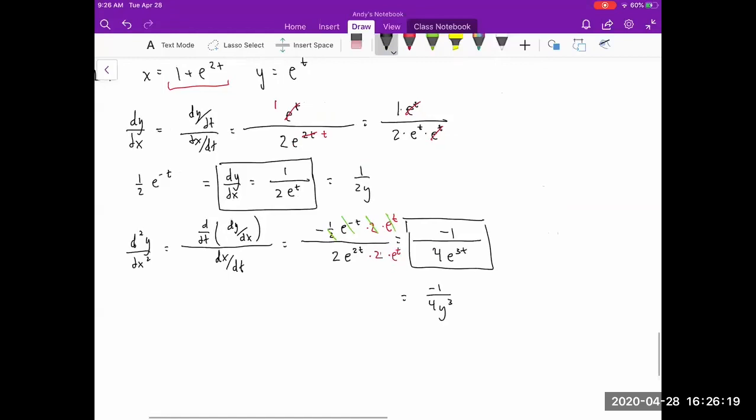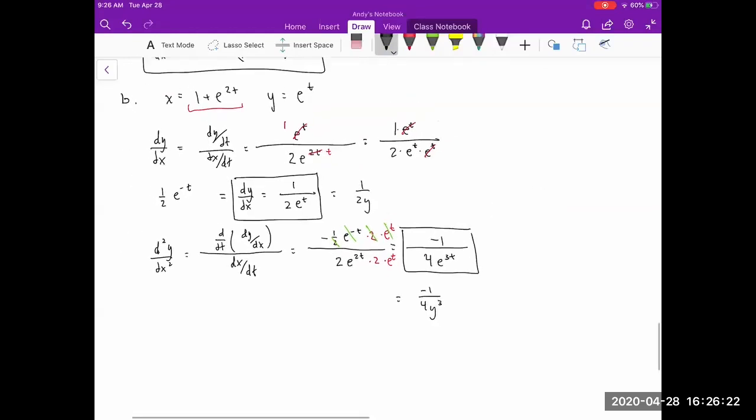In fact, this is what I was saying earlier about converting this to Cartesian. Well, we did this already for 1a, which is nice. So if you wanted to eliminate the parameter, you would end up getting x is equal to 1 plus y squared. That means y would be the square root of x minus 1, or x minus 1 to the 1/2.